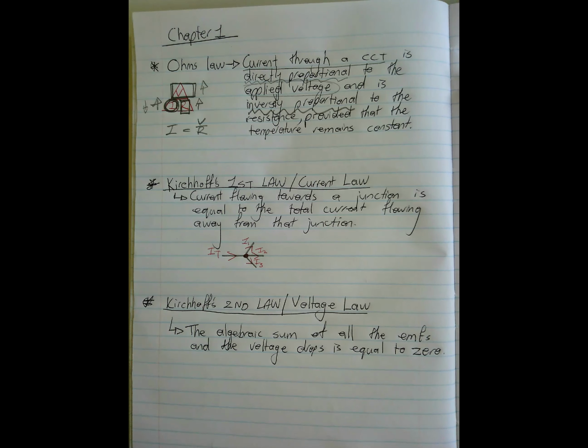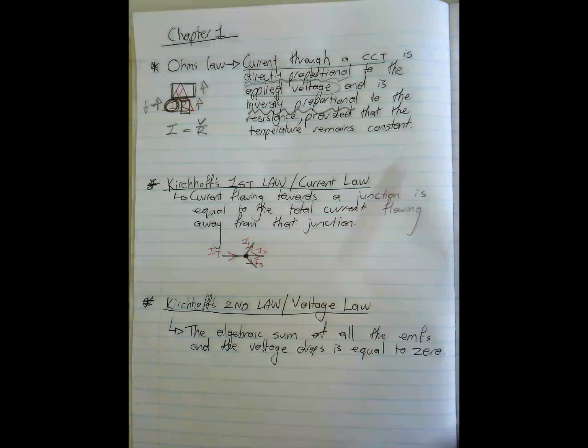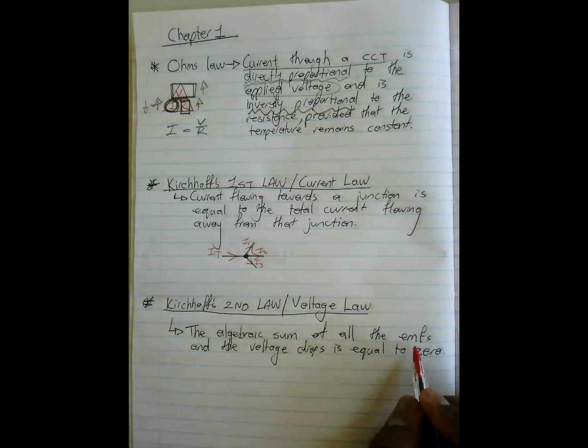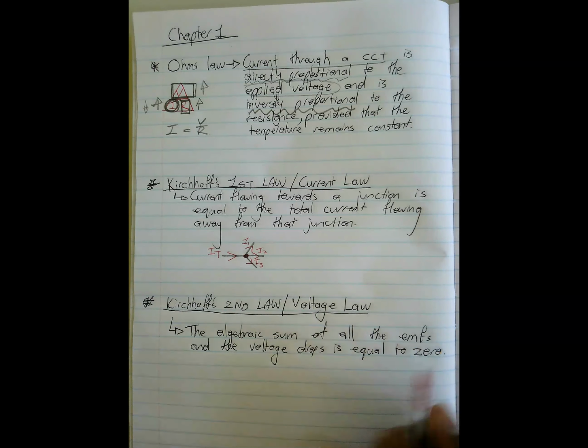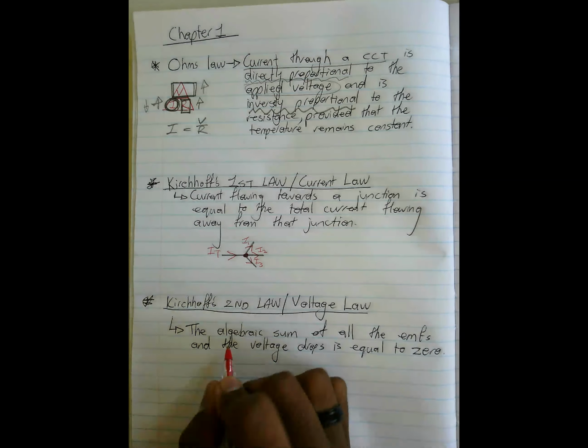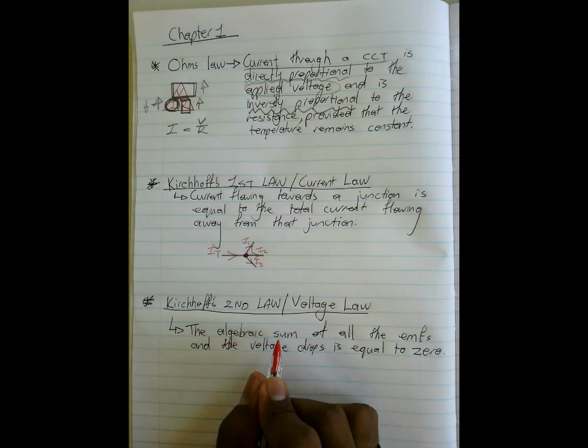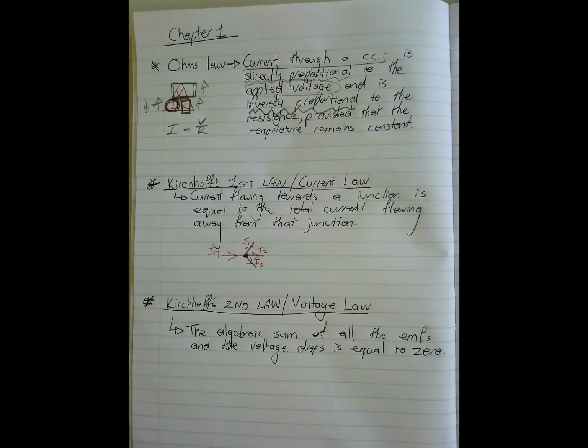So, what is this saying? For those of you who don't know, EMF is also a voltage. The algebraic sum just means your mathematical sum, so your plus and your minus, basically.